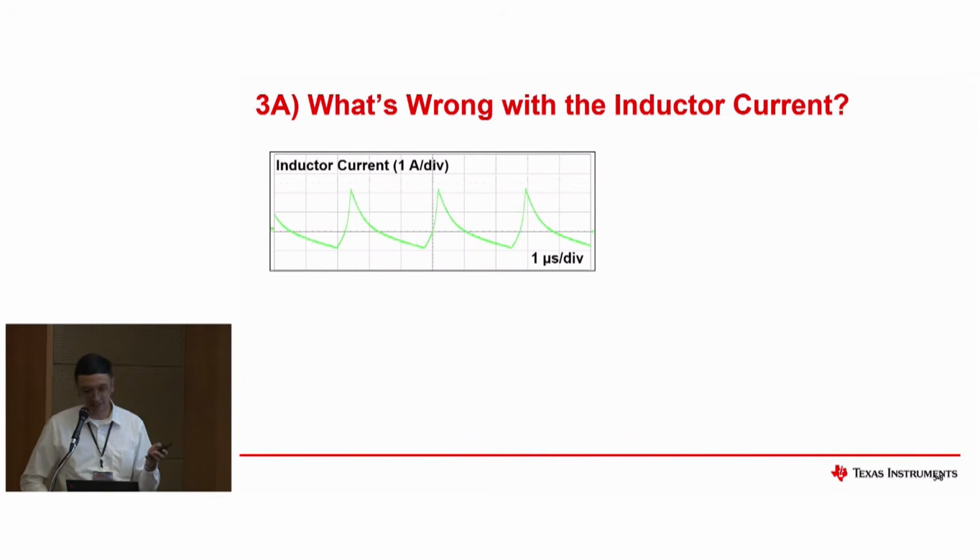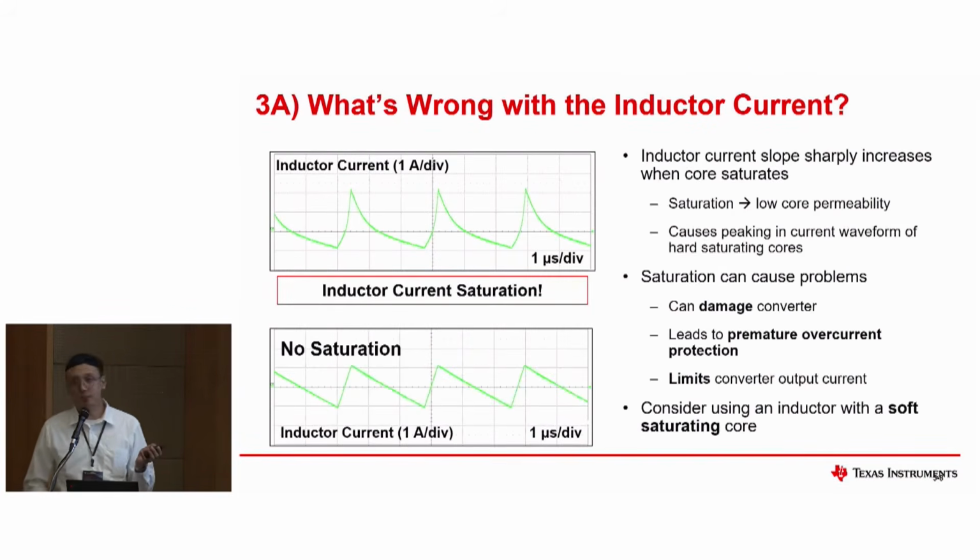Very good, yes. So this is inductor current saturation. So this happens when, you could compare here. For an inductor without saturation, you get the perfect sawtooth waveform. So definitely have to consider the inductor selection. First consider the core permeability.